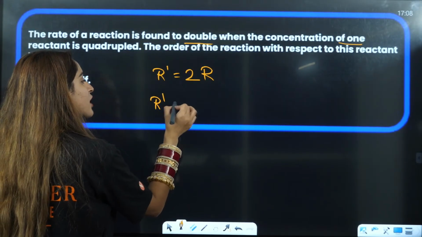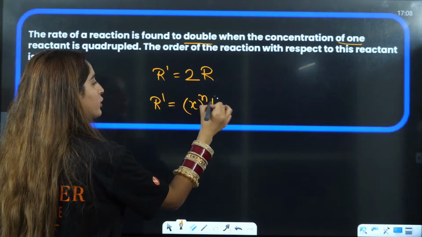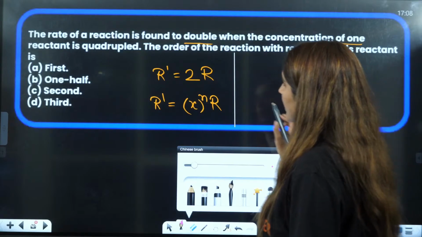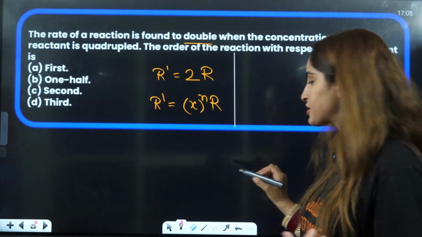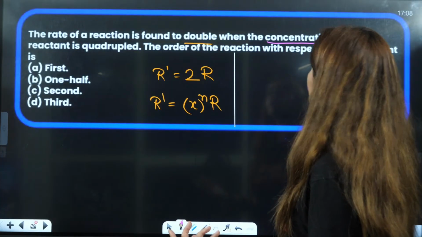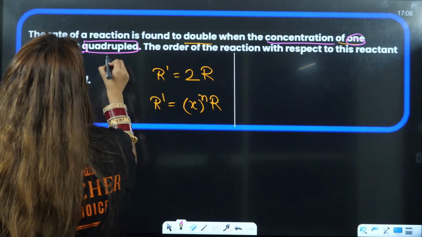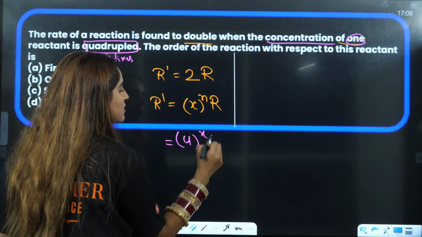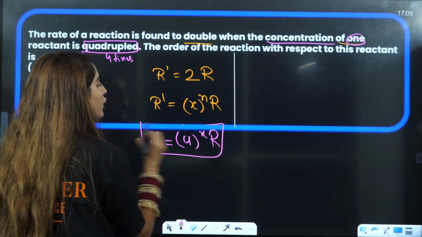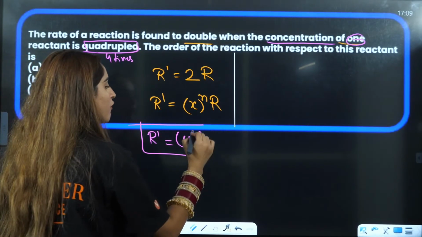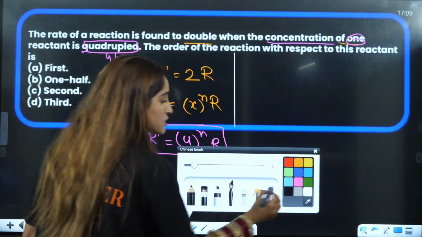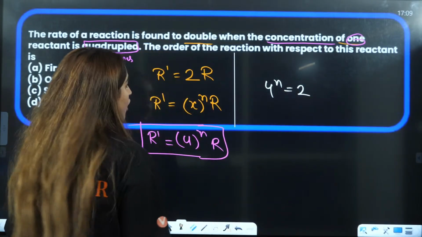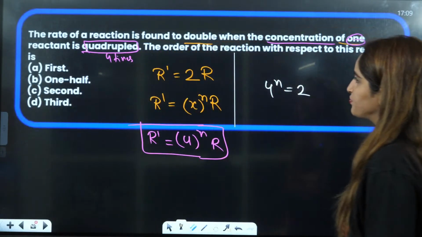And we know the general formula is x raised to power n into R. Now what is x? X means how much the concentration is being increased. The concentration of one reactant is quadrupled, that means 4 times, so x is 4. It will be 4 raised to power n times R, and this is R'. Now you have to compare these two values. That means 4 raised to power n should be equal to 2.